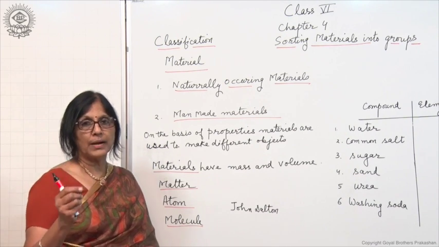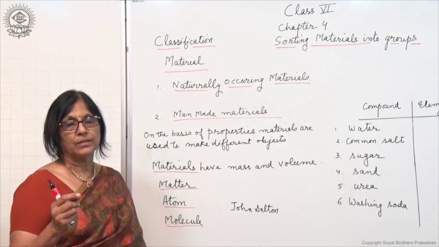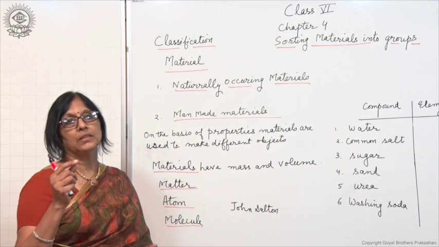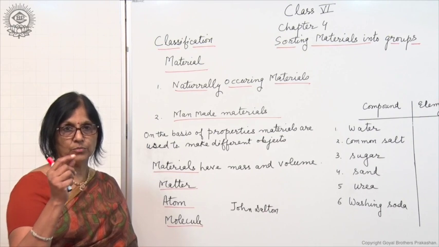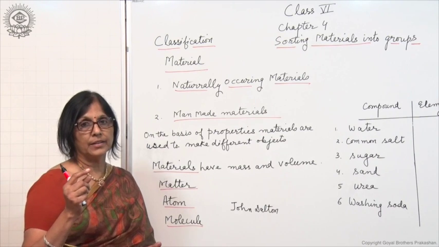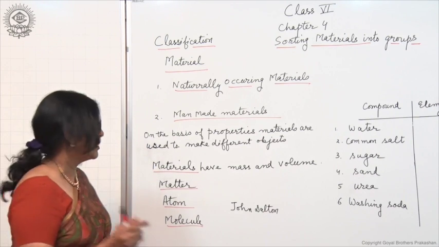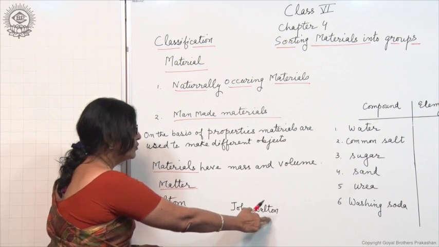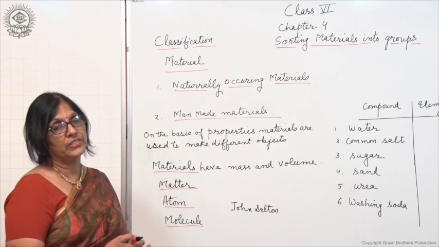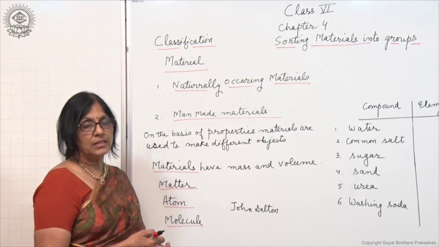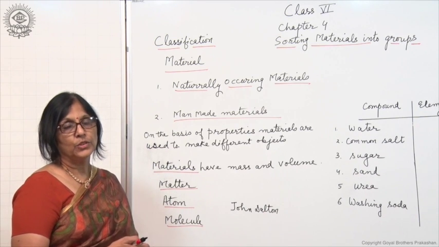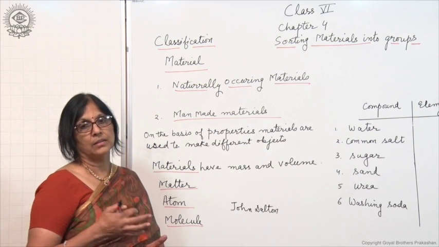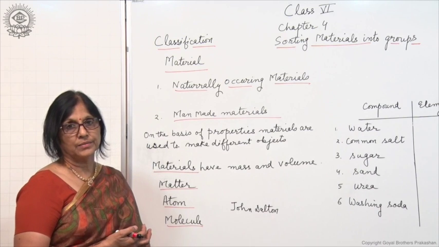The smallest particle obtained will be the atom. The smallest particle will be an iron atom, and the name atom was given by the scientist John Dalton in the 19th century. He gave this name atom to the smallest particle of matter.